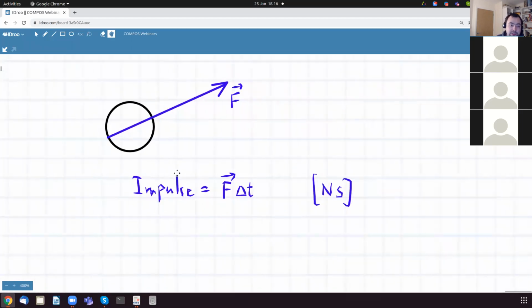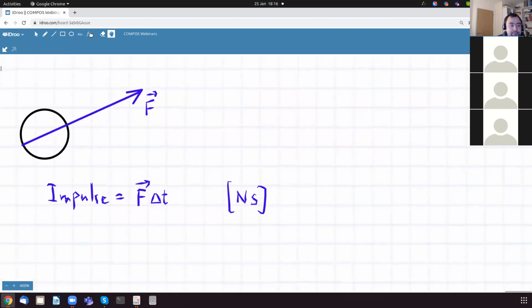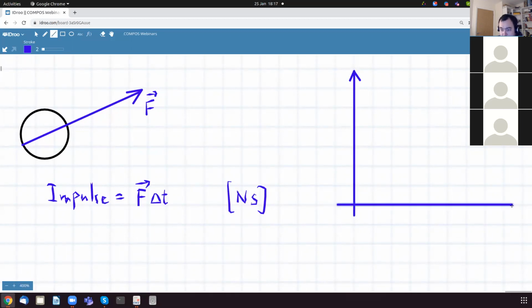Sometimes the force is uneven, so the force can change through time. Certainly it does with a golf ball. With a golf ball, the force first increases and then decreases as the golf ball deforms.